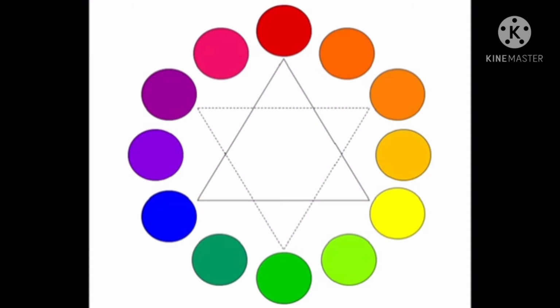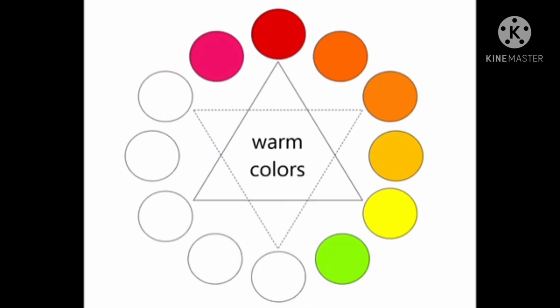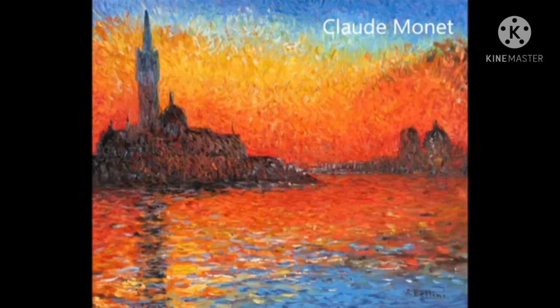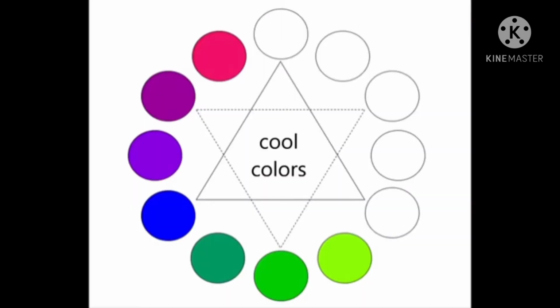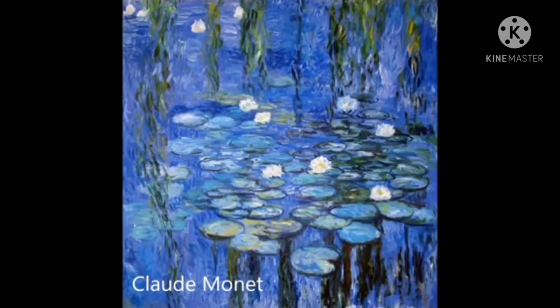Now we have warm and cool colors. The color wheel can be divided by temperature into warm and cool colors. A warm color scheme includes red, red-orange, orange, yellow-orange, and yellow, and can be used to create an energetic composition.